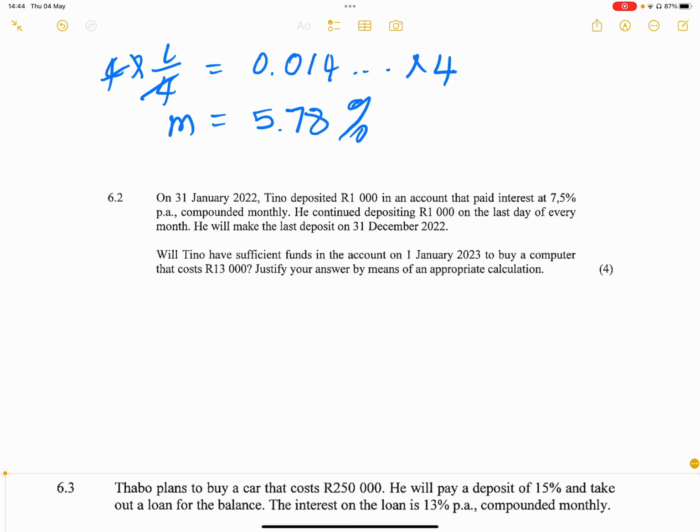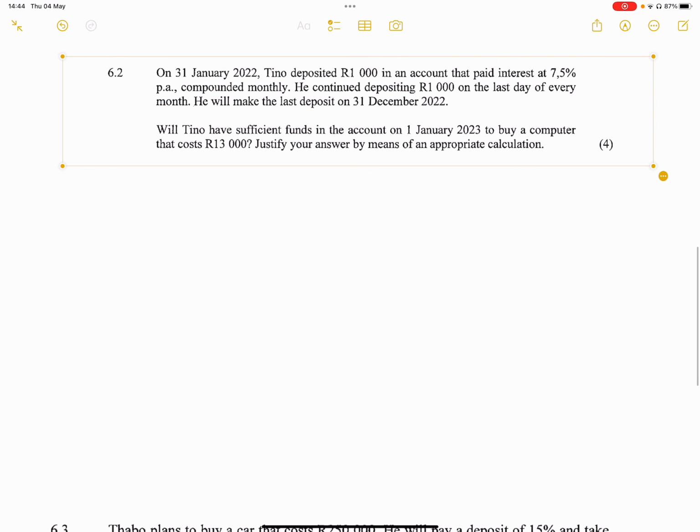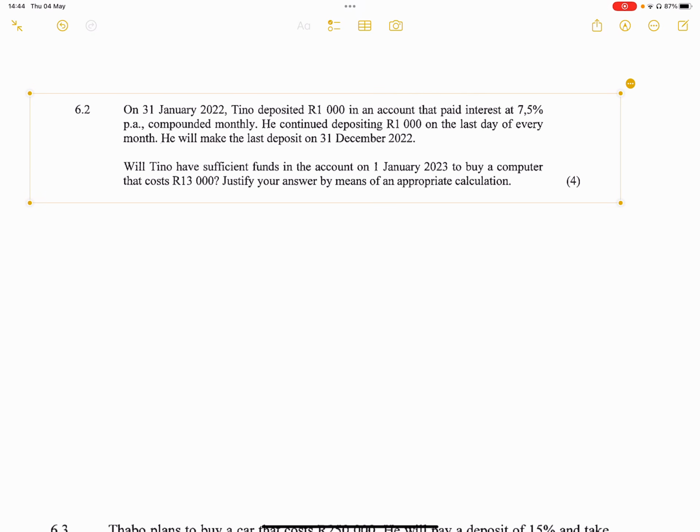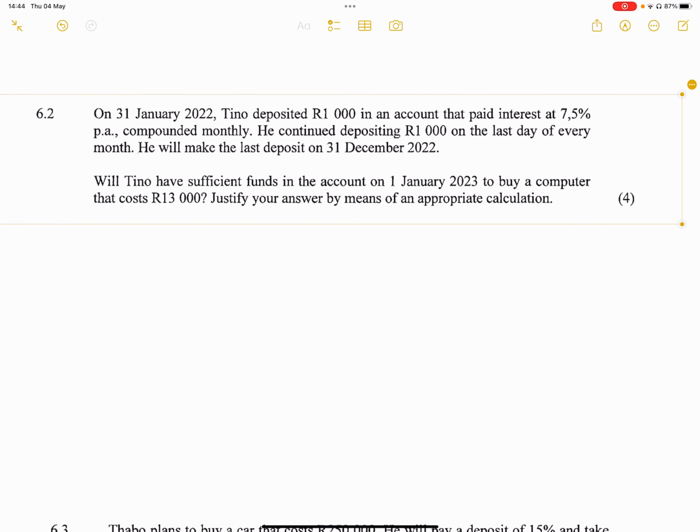All right, I'm just going to make a little bit of space here, just to make sure that these can fit, or you can read this nicely. Now they say to us, on January the 31st, 2022, we've got Tino that deposited 1,000 rands into an account that paid an interest of 7.5% per annum, compounded monthly.